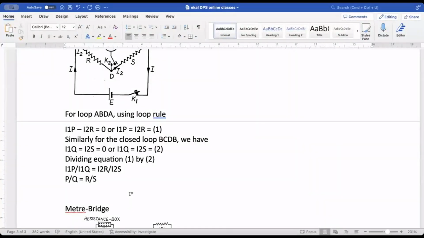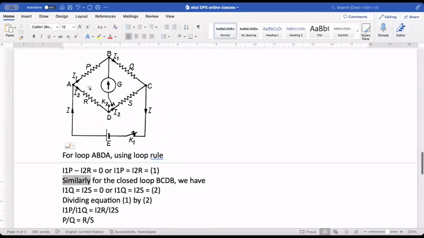Fine. So these arms P and Q are called the ratio arms, and this arm AD is known as the known arm, and this arm CD where S is connected is called the unknown arm.